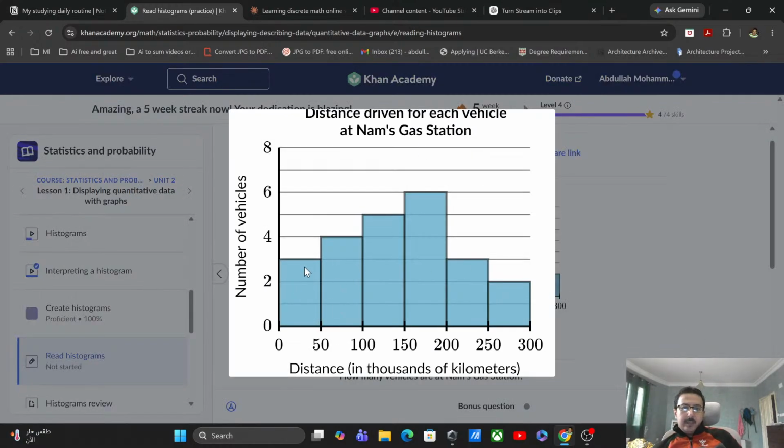Number of vehicles: 3, 4, 7, and 5, 12, and 6, 18, and 3, that's 19, and 2, that's 21.